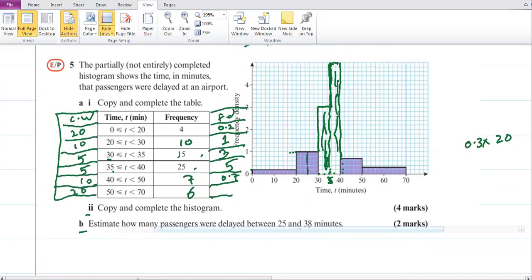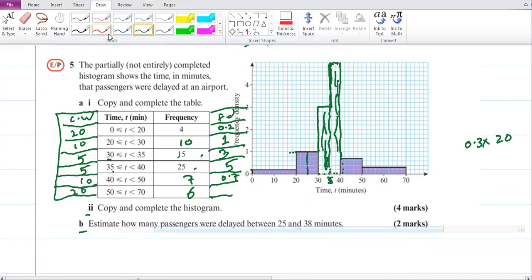Till 38. Where is 38? This is 38, yes? I will use another color so it will become visible. Okay, this line is for the 38. So you have to count how many passengers are for that one.